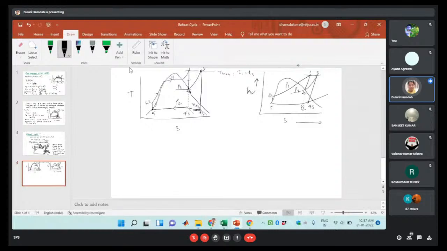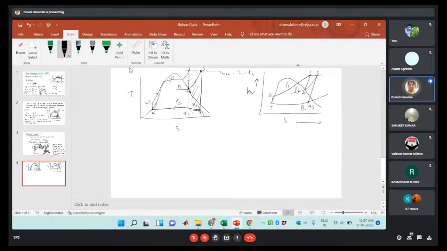Then again we are adding the heat to achieve the superheated steam at that maximum temperature. That temperature we are taking is your T max, which is equal to T1 is equal to T3. So here again we are adding the heat so that we will get the quality of the steam greater than 0.85.